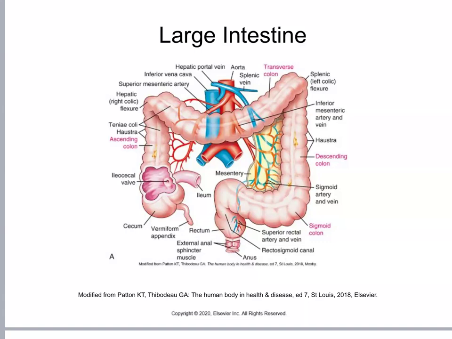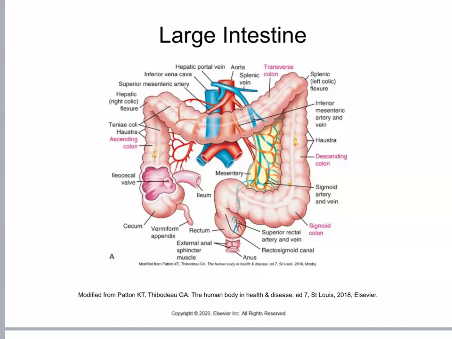We have a very vast bacterial population, and that is for our health. So once again, the large intestine doesn't have villi, and that's because once things have moved down to the large intestine, we're not absorbing nutrients anymore. So we don't need all that absorptive surface that the villi provide.